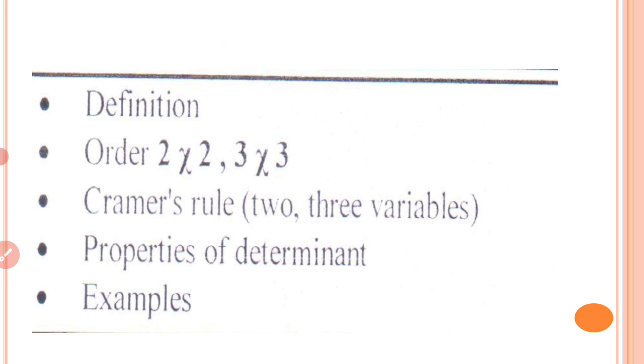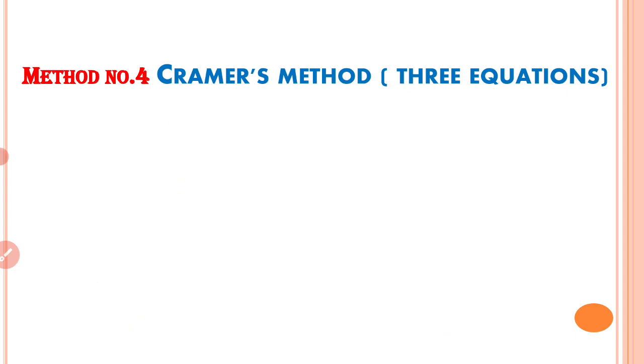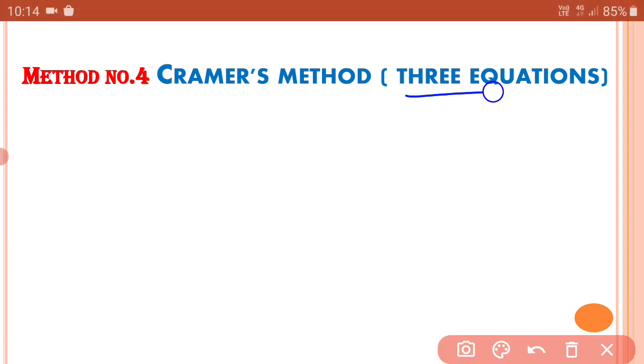In this chapter we cover definition, order 2 by 2 and 3 by 3, Cramer's rule, 2 or 3 variables, properties of determinant and examples. Today we discuss method number 4, Cramer's method, for 3 equations. In our last lecture in the classroom we discussed the 2 equations, and today we discuss the 3 equations.